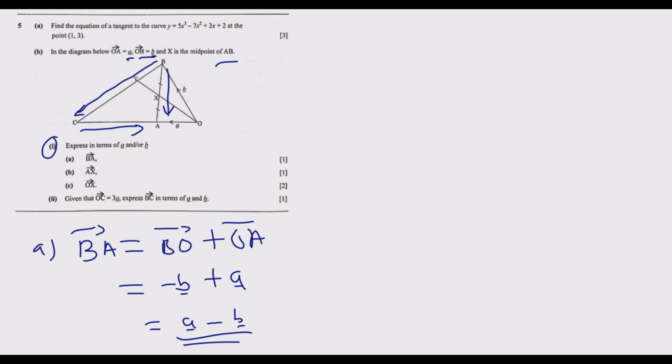Then let us look at AX. We are told X is the midpoint of AB. AB is basically the negative of BA, so we just reverse the direction of BA and we get AB.